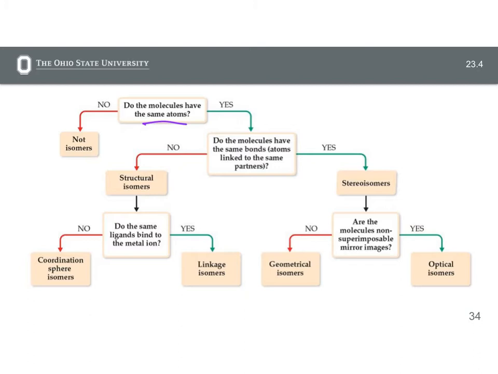Isomers must have the same atoms. They're going to be arranged differently, either through linkage, through structure, or in 3D space. If they don't have the same atoms, then they're not isomers, and you can just stop there.